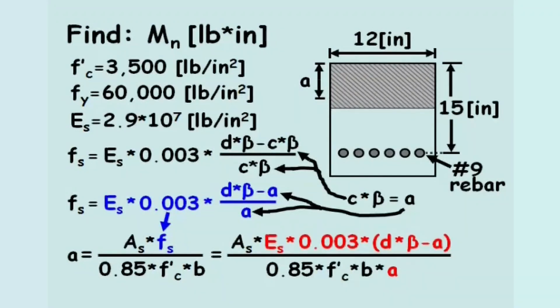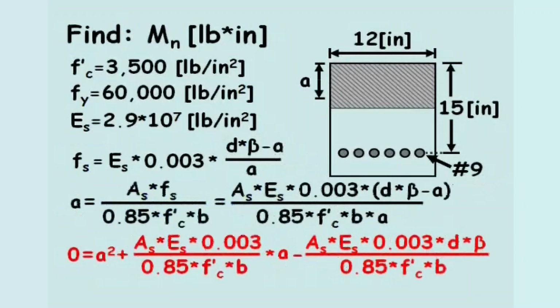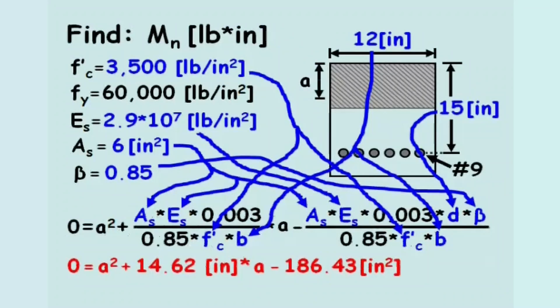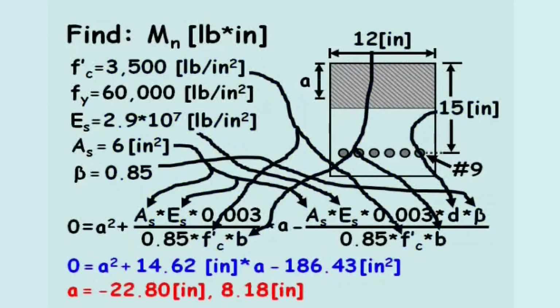After a bit of algebra, we end up with a quadratic equation with respect to A. After substituting in the known variables and simplifying the equation, the roots of the quadratic equation compute to negative 22.80 inches and 8.18 inches. Therefore, our value of A equals 8.18 inches.